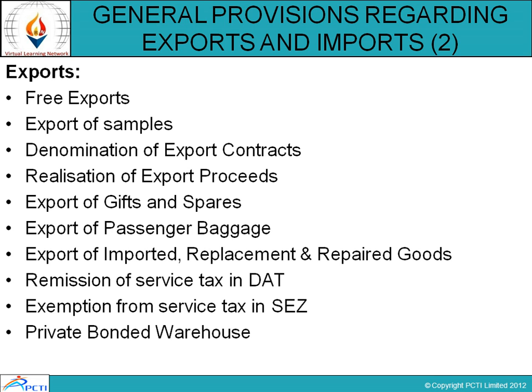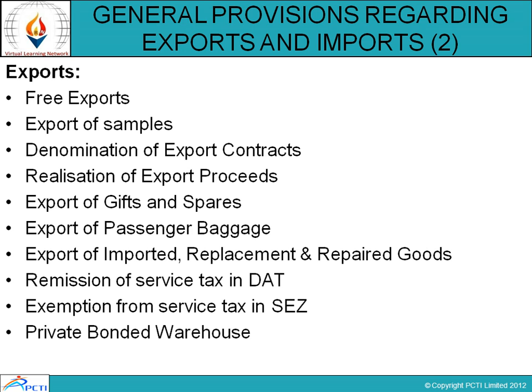Then denomination of the export contract. All export contracts and invoices shall be denominated in a freely convertible currency or Indian rupees, but export proceeds shall be realized in a freely convertible currency. Contracts for which payment is received through the Asian Clearing Union, that is ACU, shall be denominated in ACU dollars.